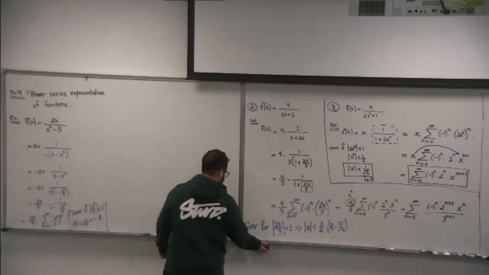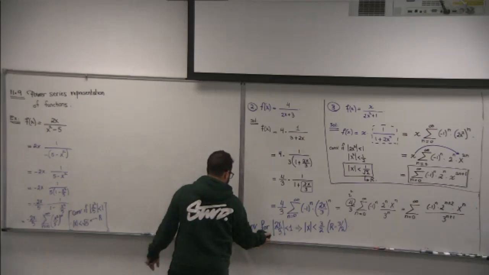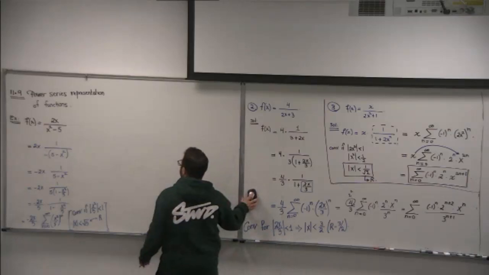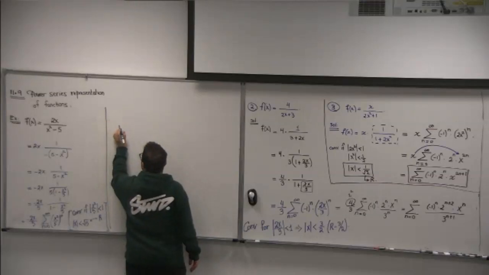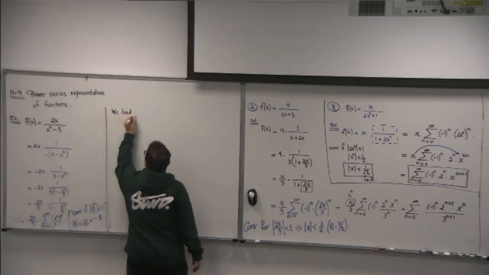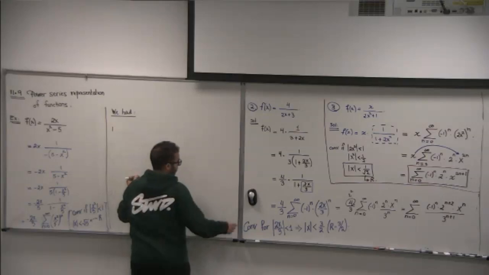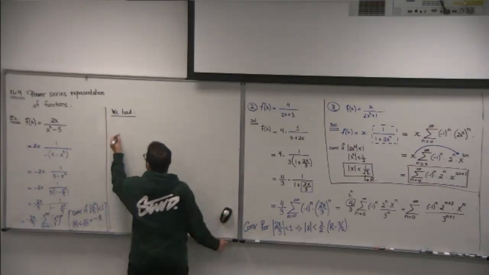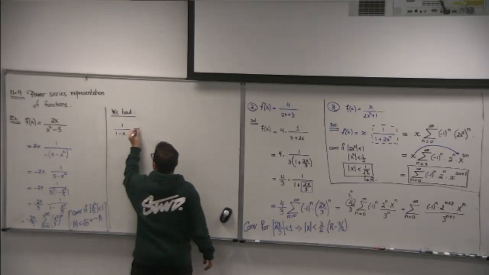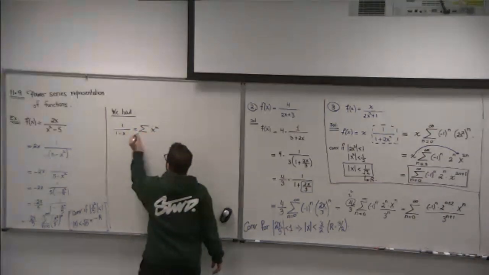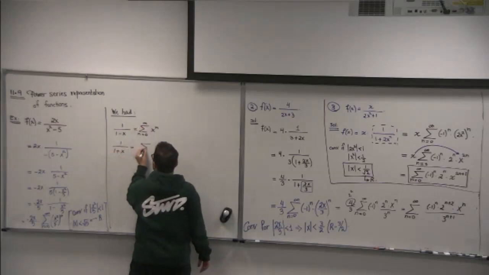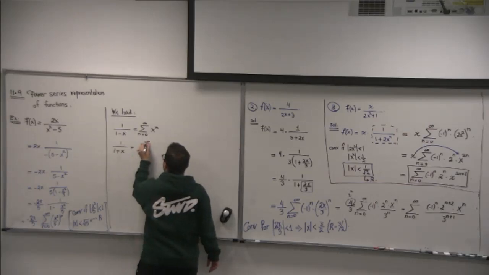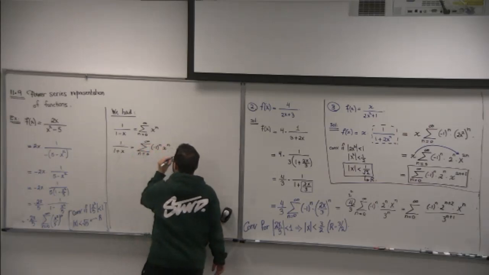So let's assume, now again, what did we have? 1 over 1 minus x, summation x power n here. And 1 over 1 plus x, summation minus 1 power n x power n.